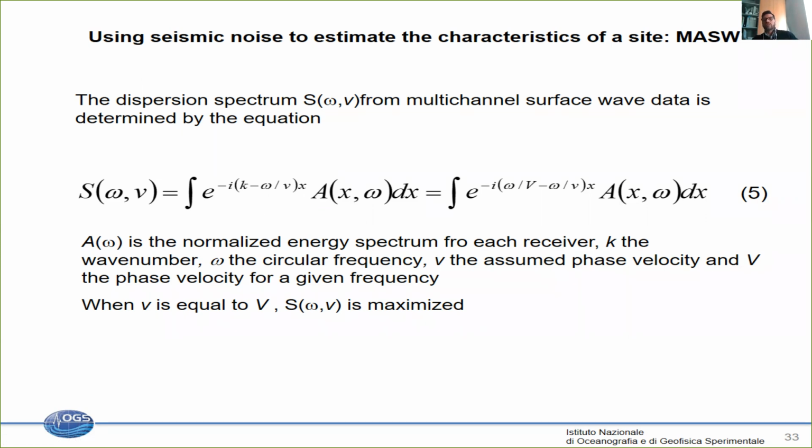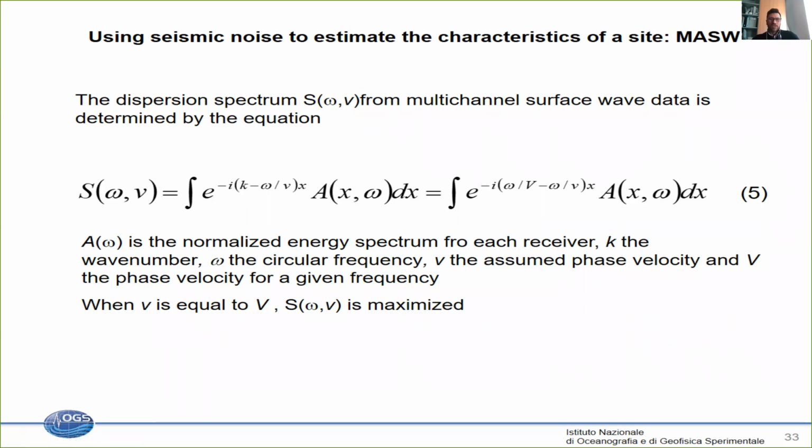If the velocity is the wrong one, this summation will not have a maximum. So I look for many velocities V, to find which is the velocity that for each frequency is providing the maximum of this summation. It's an integral, it's a summation in discrete form.